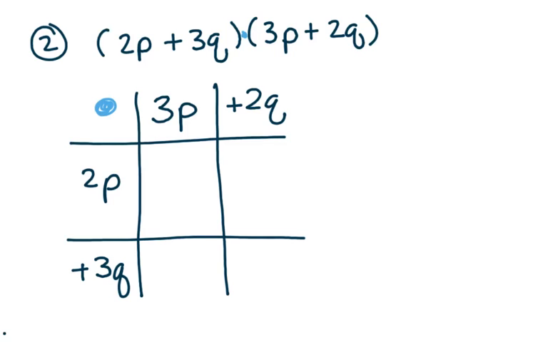When I do my products, I'm going to multiply 2p times 3p. That gives me a product of 6p squared. Next, I'll multiply 3p by 2q. I'll multiply my coefficients to get 6pq.